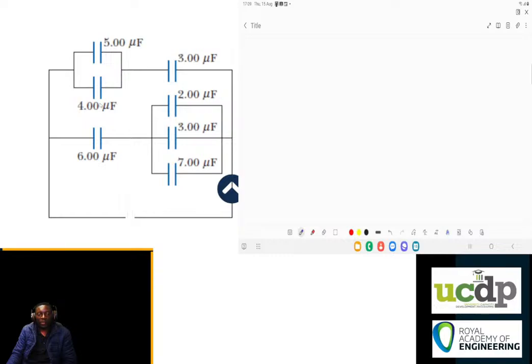So we can eliminate that one first, then deal with the next part. So ideally, what would be your strategy? What approach would you use? Which one would you eliminate first? Or which part would you find the equivalent capacitance first?